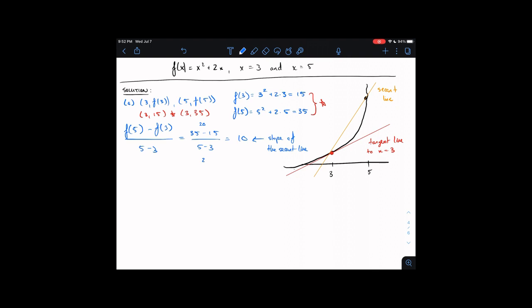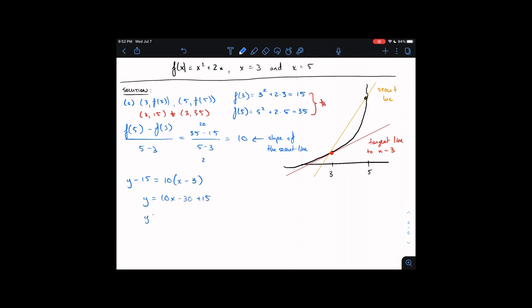Okay, so in point slope form, we do y minus the y value, so that's 15. I'm going to pick the first point here. It doesn't matter which point you pick. This is equal to the slope times x minus the x value, which is 3. I'm going to add over 15. So y equals 10x minus 30 plus 15.